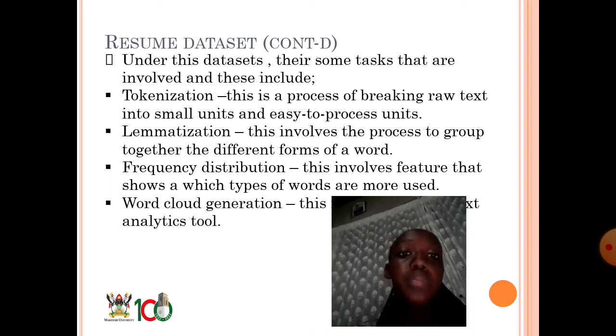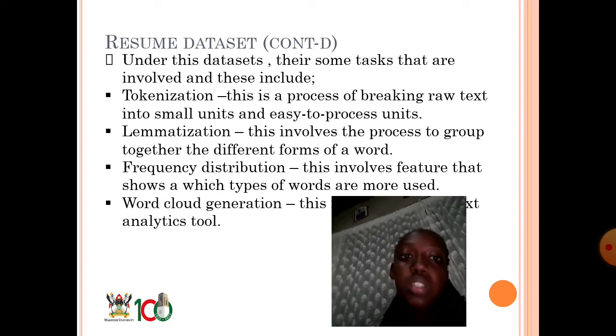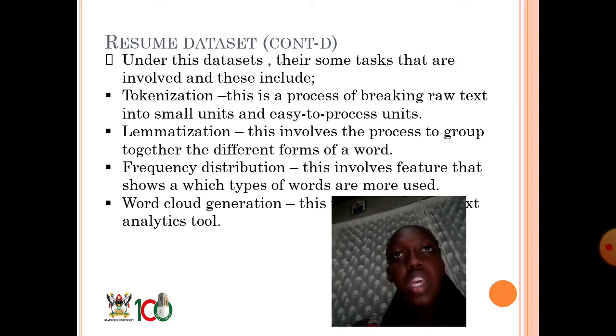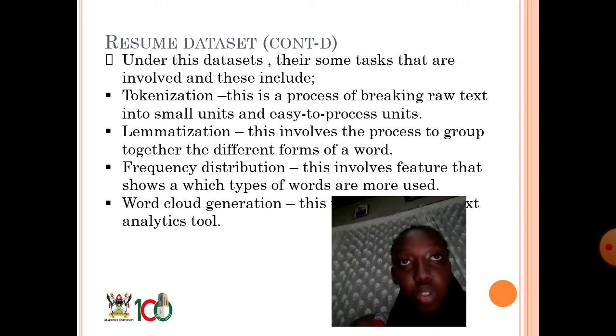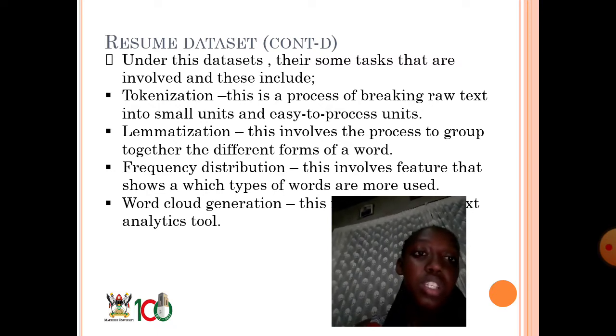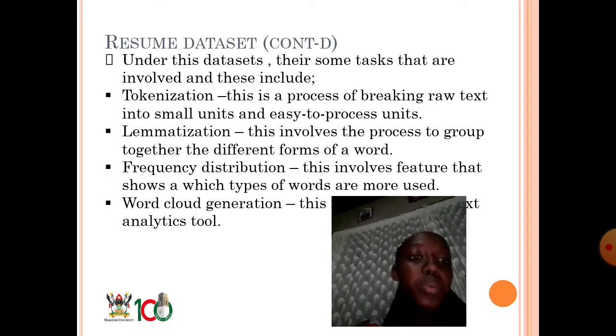there are some terms that I would like to share, like tokenization. This is a process of breaking raw text into small, easy to process units, breaking down the information and categorizing it into small units for easy processing. Then lemmatization. This involves the process to group together the different forms of a word.